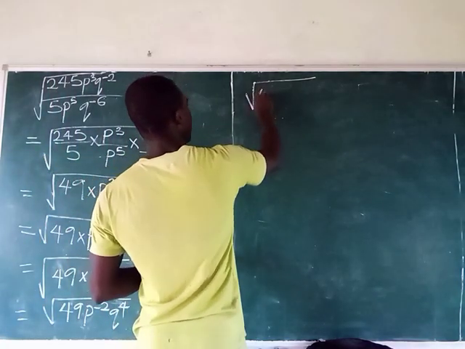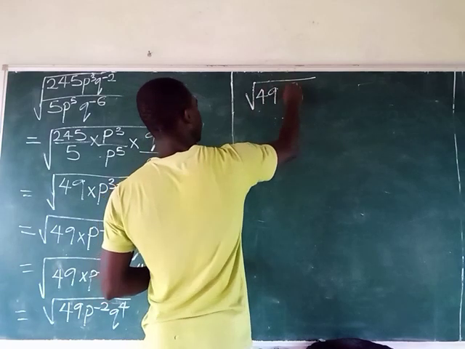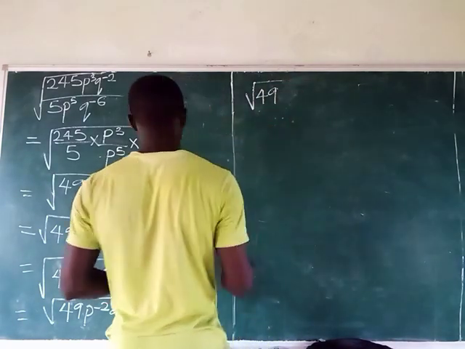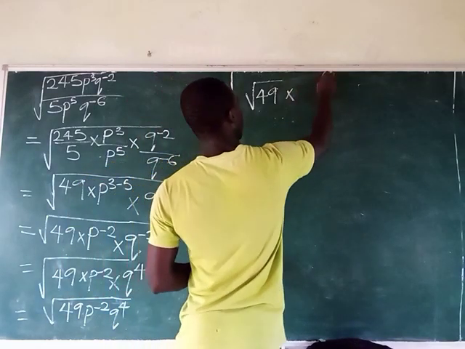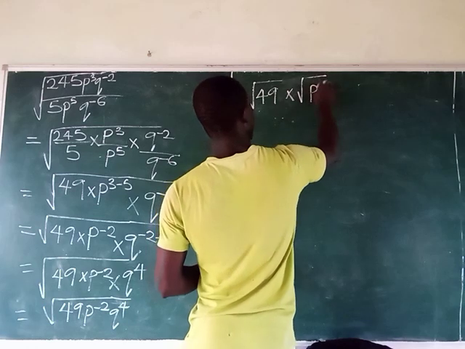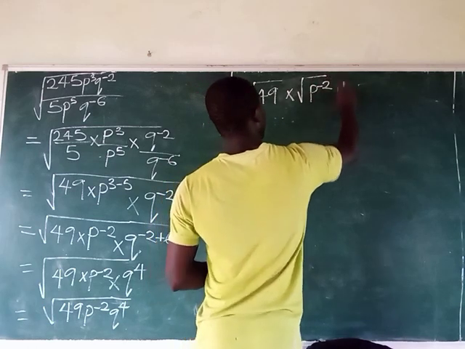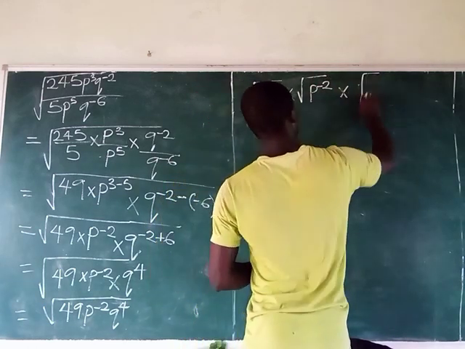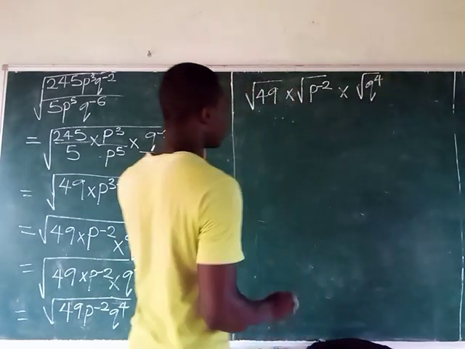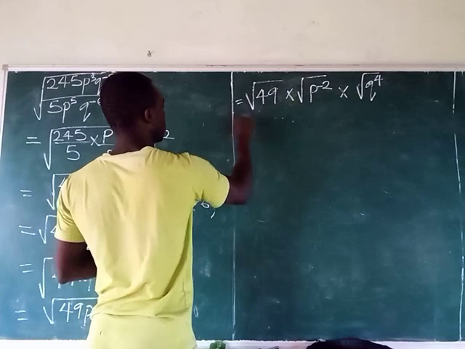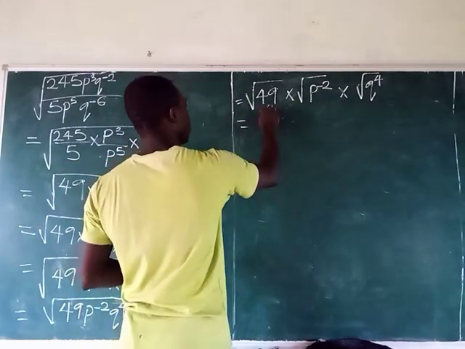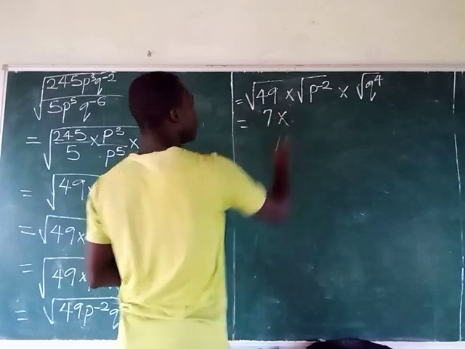So let's say we have 49 times P raised to the power of minus 2 times the square root of Q raised to the power of 4. So this is equal to the square root of 49, which will give us 7 times.